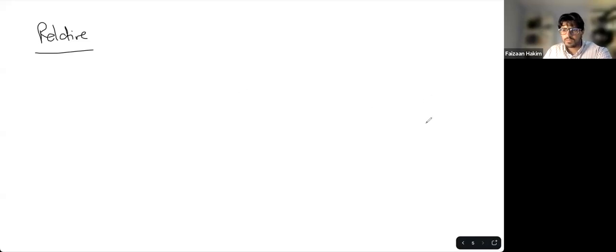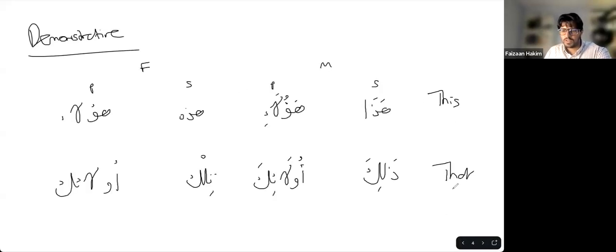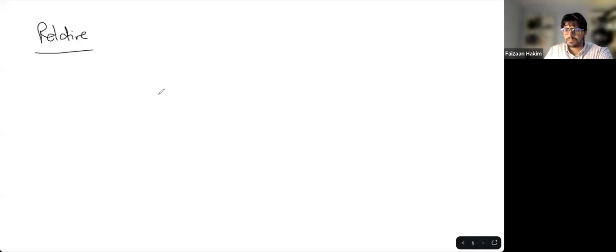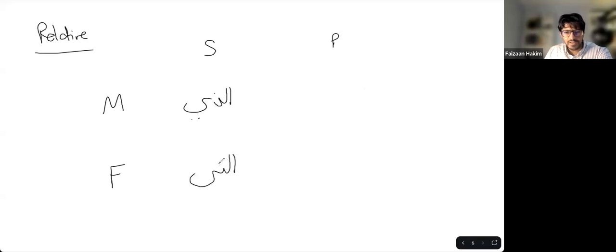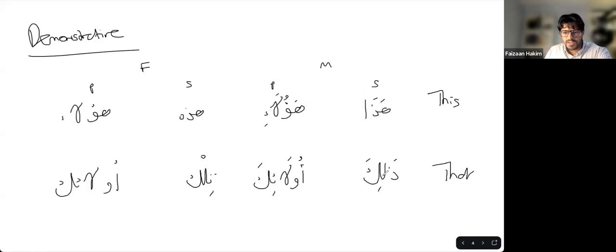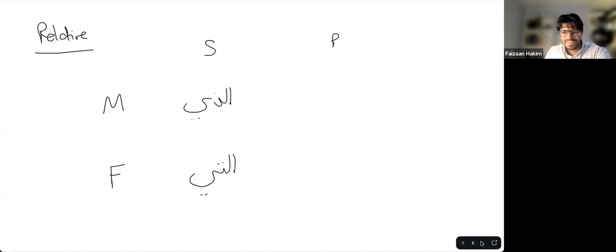Absolutely the same thing, except there's no this and that, it's just relatives. So how should we do this? Let's put masculine here, feminine, singular, and plural. So, الذي, التي. Remember ذلك, تلك, ذات, الذي, التي.